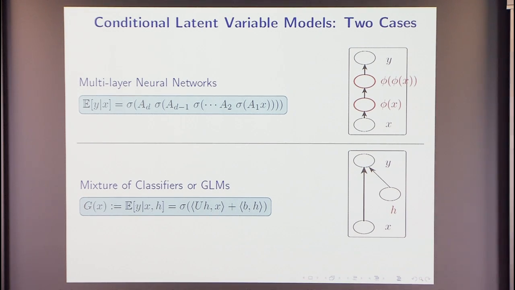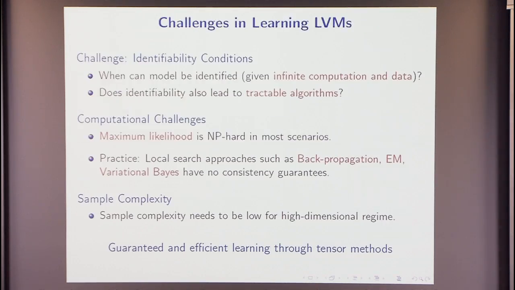And again, the question is, when can we learn the parameters of these models in an efficient way, right? So indeed, in general, this is challenging. I mean, even the identifiability question is challenging, right? So if you think of a multi-layer neural network, when we can correctly learn the parameters is highly non-trivial.